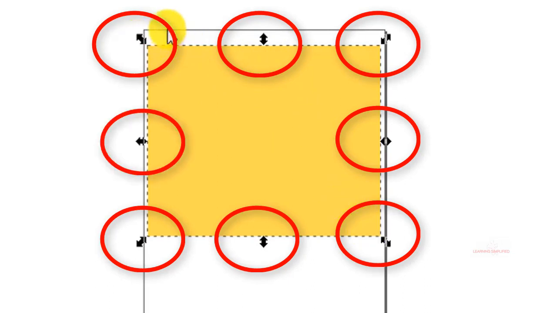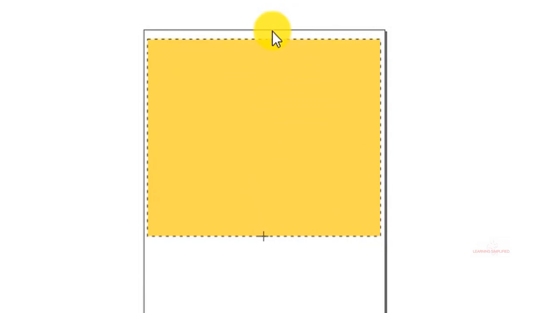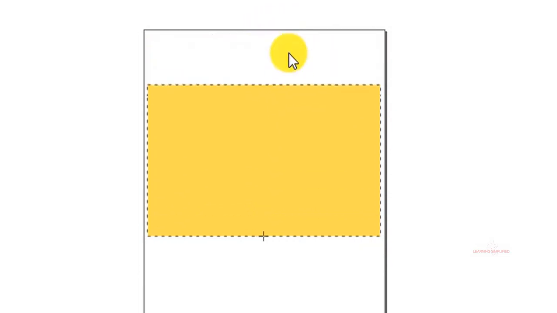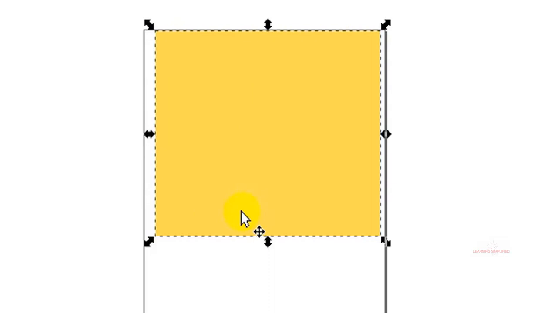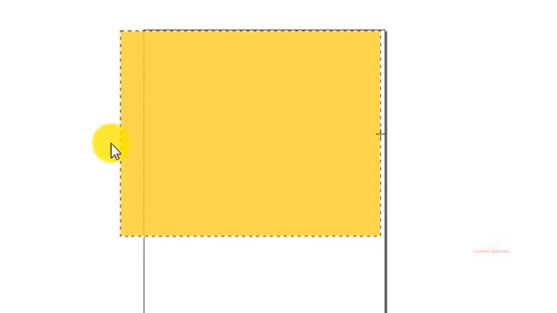All those arrows are directional arrows. This is the height arrow, with which we can manipulate the height of this square, and this is the width arrow, which manipulates the width of this rectangle. By dragging them, we can change the dimensions of this box.